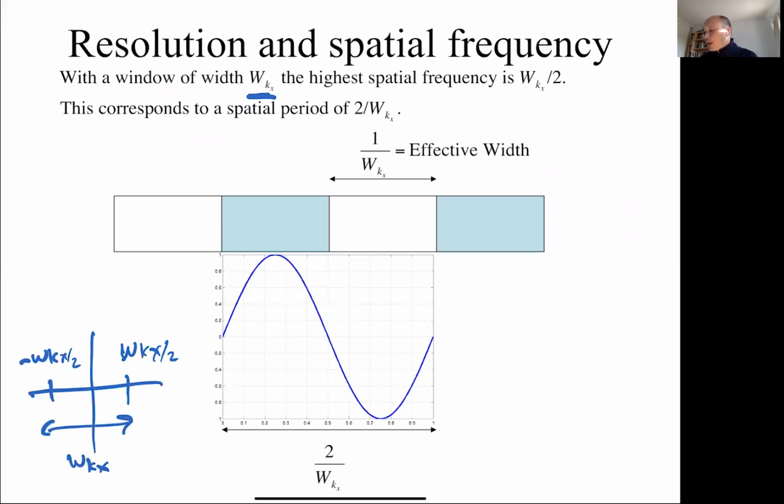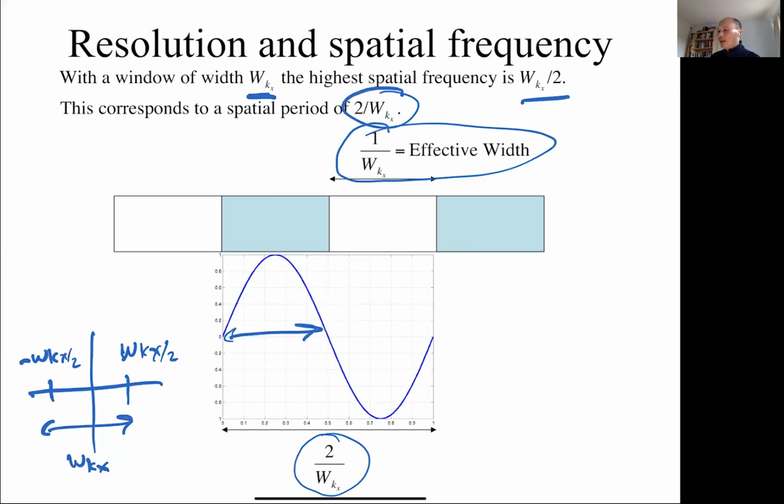So the highest spatial frequency that we can actually capture is WKX over 2. And this corresponds to a sinusoid like this, with a period of 2 over WKX. And then just half of the cycle is 1 over WKX. So that's the effective width of that function.